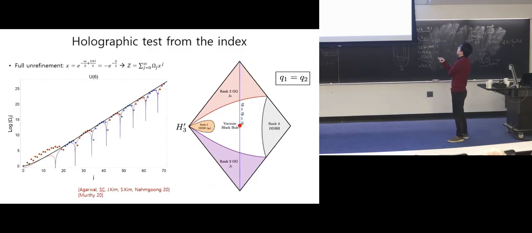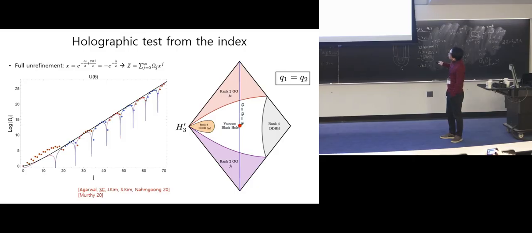As a toy example, let us focus on the simplest case, when all the charges are equal and we scale the charges in an equivariant way. We first unrefine all the chemical potentials and just compute the degeneracy of the index order by order.